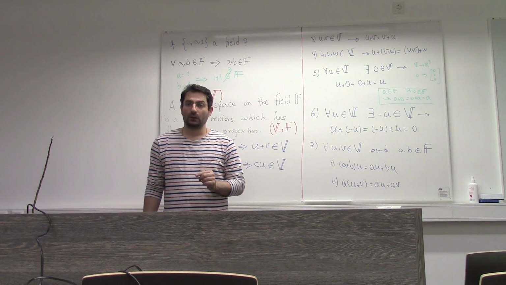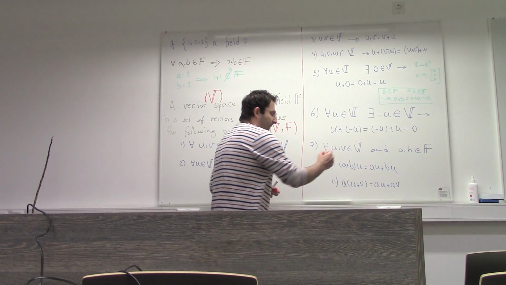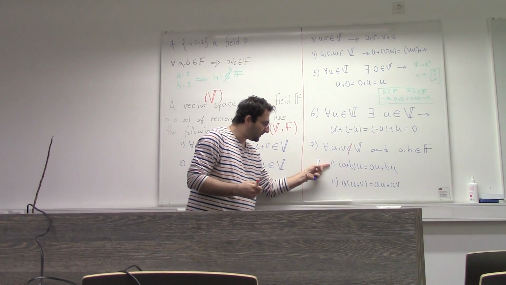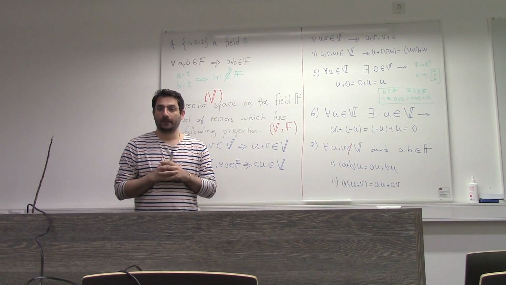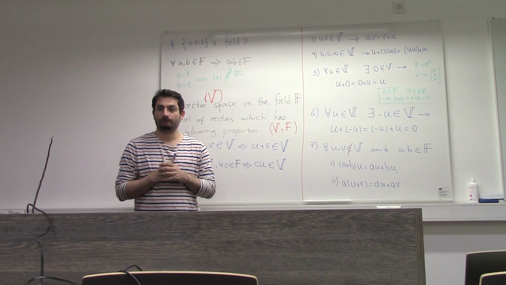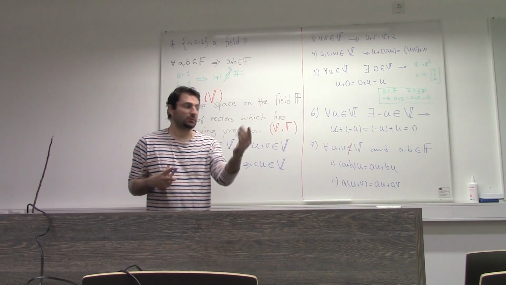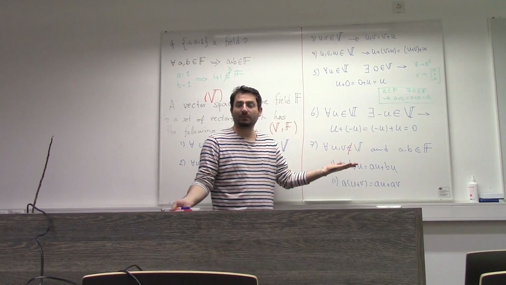Dana? If U and V are not a vector space, what can we say about property number 1? Probably it will not apply. It will not work. We don't know. We can come with an example that it works. We can come with an example that doesn't work.